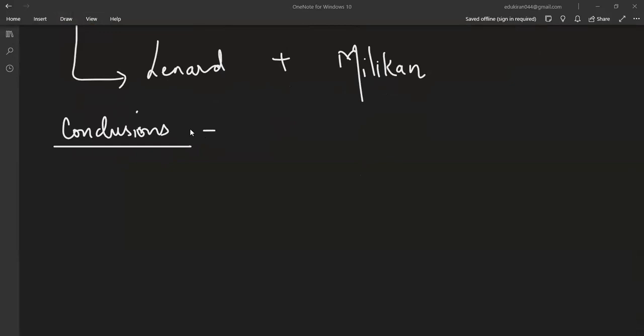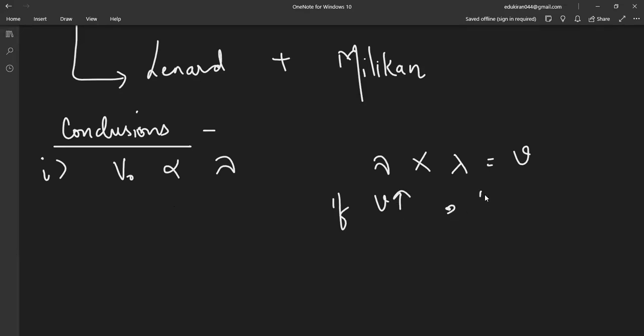I am there. So one conclusion that was observed was that this stopping potential increased linearly with the frequency. The reason I have told you is simply that frequency multiplied by wavelength gives velocity. If velocity increases, kinetic energy increases. The reason is that kinetic energy is half mv square, and kinetic energy is equal to charge times stopping potential.